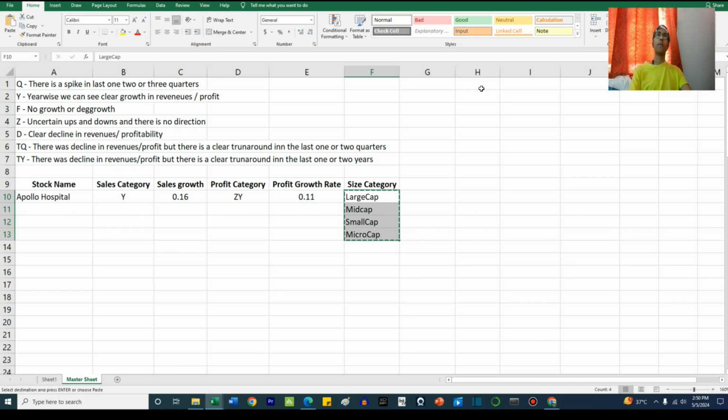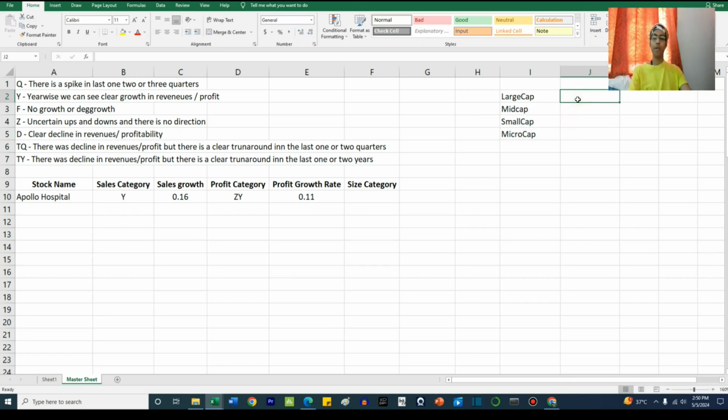So friends, a large cap stock means a company with over 20,000 crore of market cap, right? This is what large cap stock is defined as in the Indian context. A mid cap means a company whose market cap is between 5,000 crores and 20,000 crores.